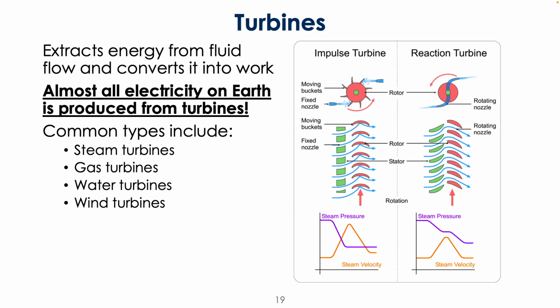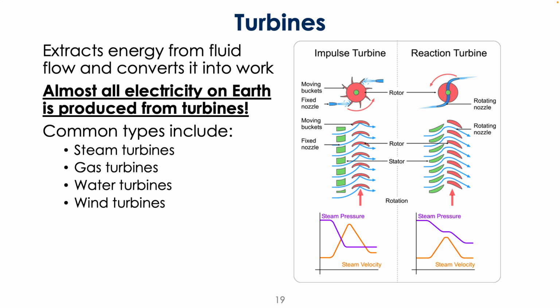So I extract energy from fluid flow and convert it into work. And so almost all electricity on Earth is produced from turbines. Doesn't matter if you're talking about coal, natural gas, wind, nuclear, hydro, they all go through turbines, except solar.